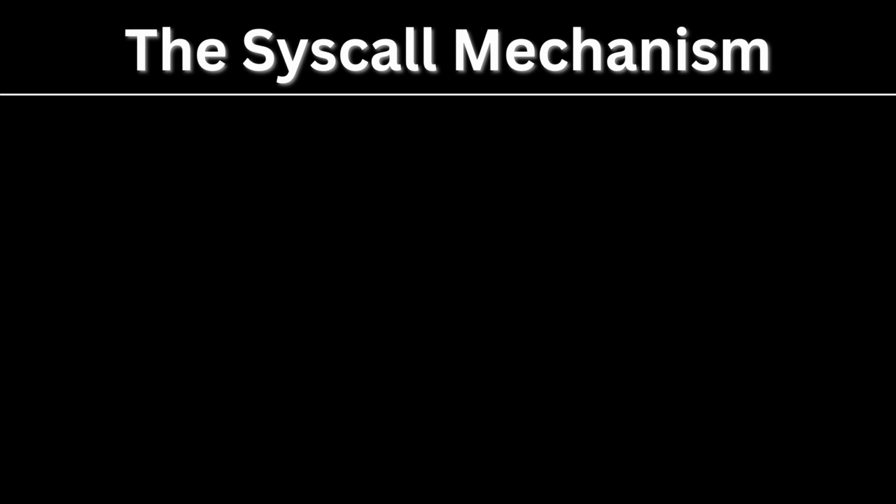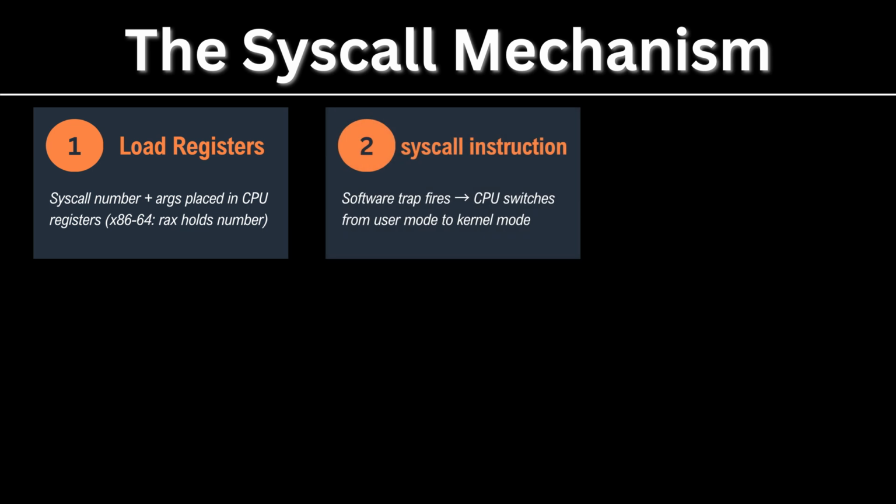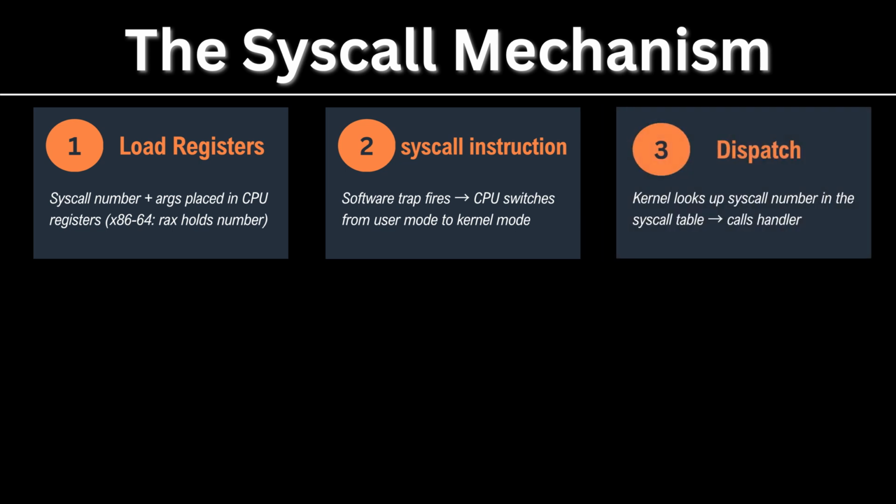Let's walk through what actually happens. First, the arguments and the system call number are loaded into specific CPU registers. Then, the system call instruction executes. This fires a software trap. It's similar to a hardware interrupt, but triggered by software. The CPU switches from user mode to kernel mode. The kernel takes over.